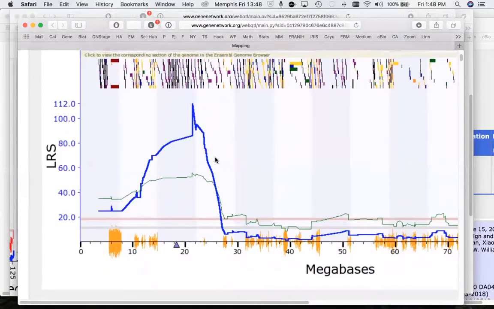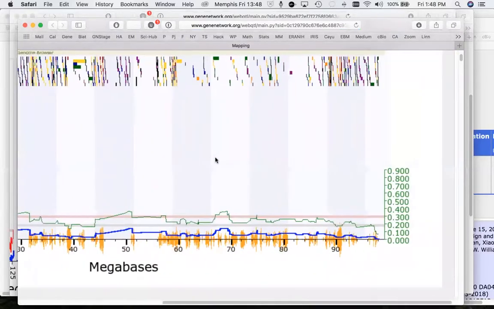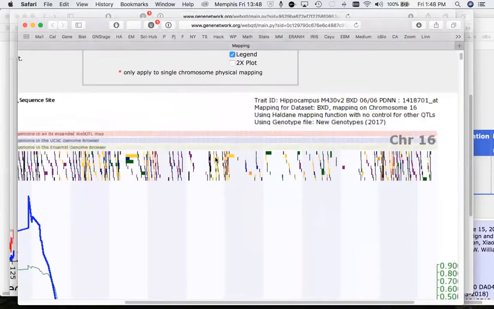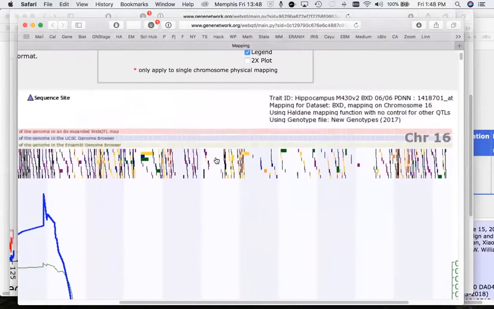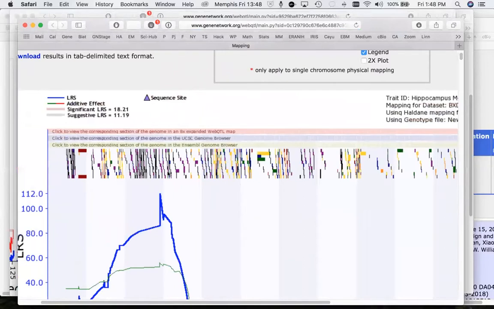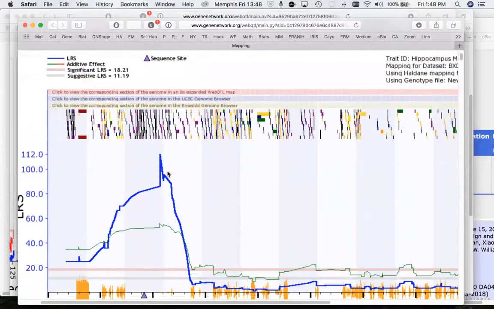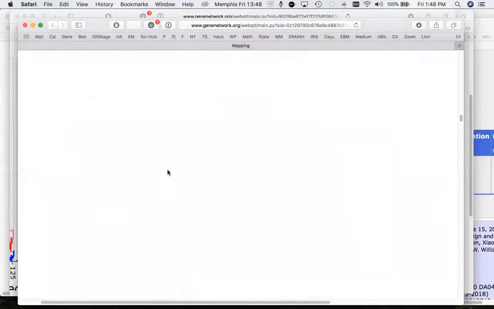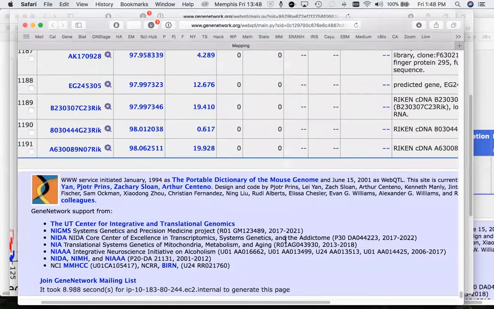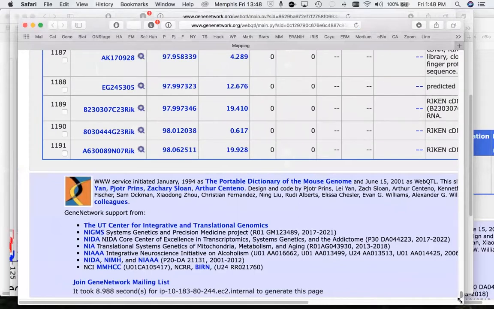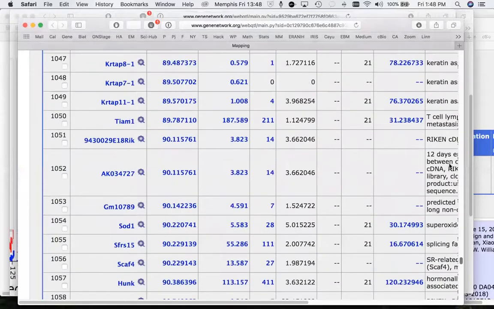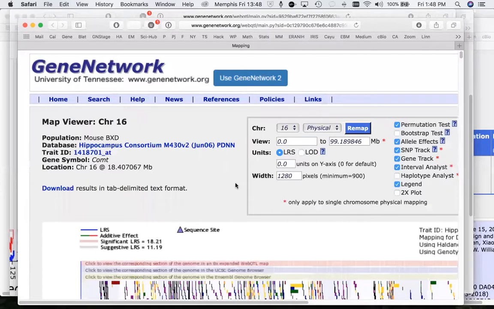So here's what that map looks like. It's a little uglier now, but this is one chromosome, chromosome 16. All of these little marks here towards the top are the genes there. There are a total of, let me scroll all the way down here, about 1,200 genes on chromosome 16.